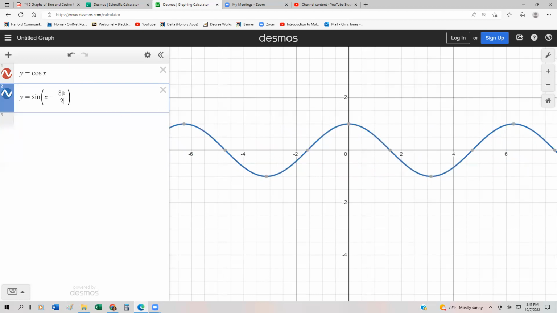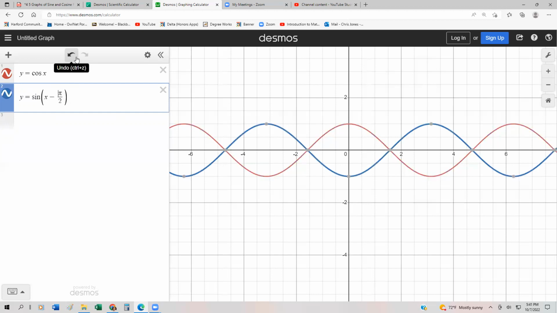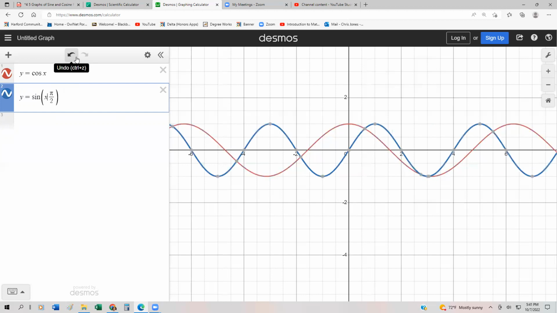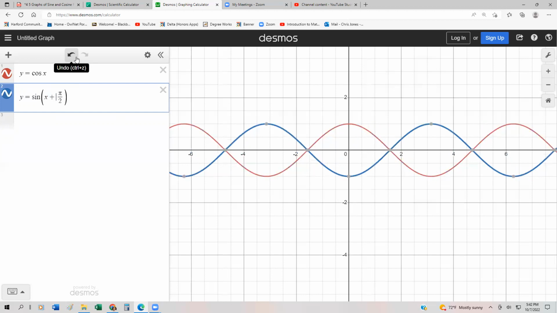So what we notice is that we could try to add and subtract. If I added pi halves, then the sine function actually becomes the cosine function and vice versa. That's that mentality of the co-function. So we know that the sine function and cosine function can kind of model each other.